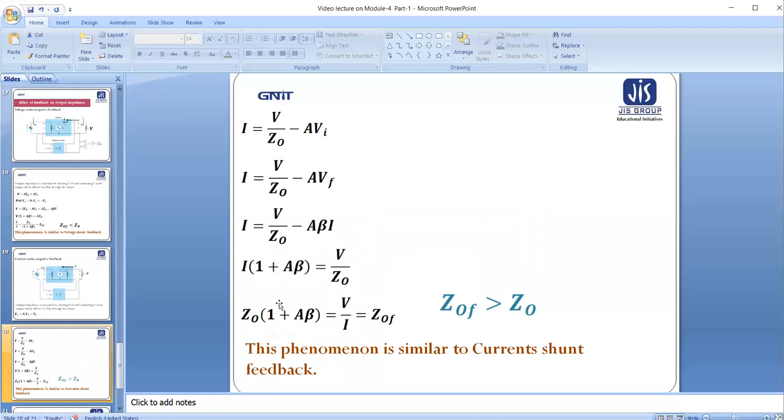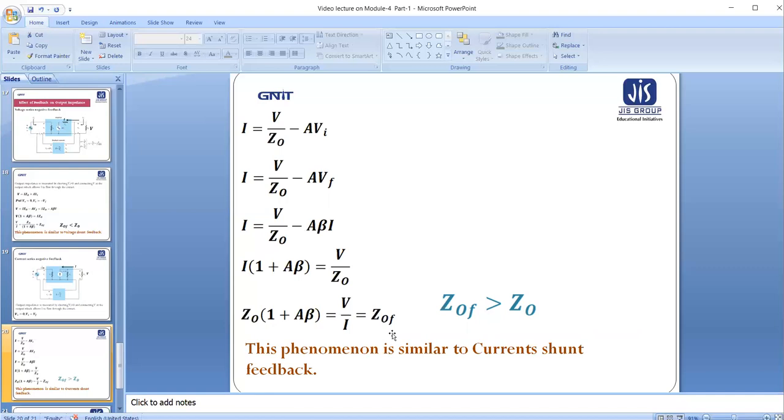After cross multiplication, I can write Zo into 1 plus A beta equals V by I. V by I is nothing but the Zof. So Zof equals Zo times 1 plus A beta. So what is the observation? The observation is that the output impedance will now be increased from the previous without feedback case. This phenomenon is also common for the current shunt feedback.